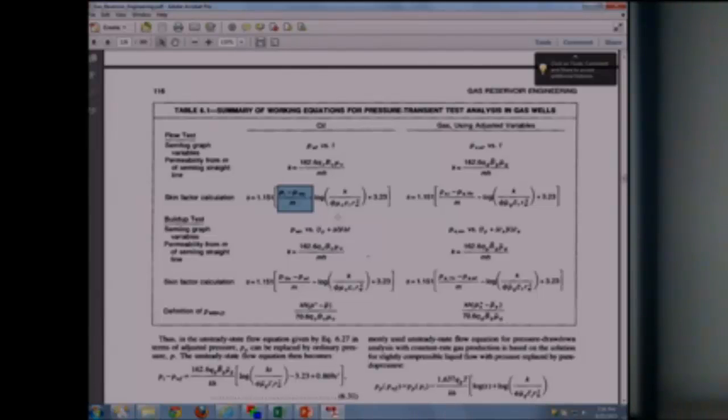Now, our intercept, we plotted delta P and got an intercept, so that's been replaced. It doesn't even show up on this table. It only shows up in the example section.